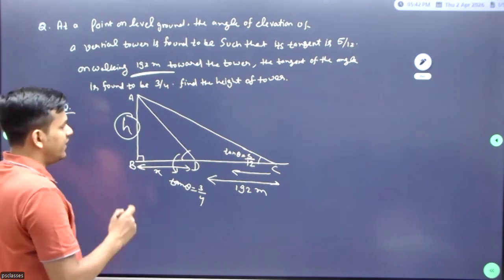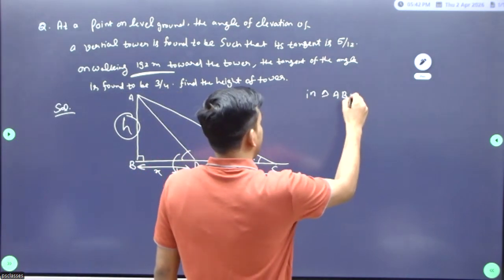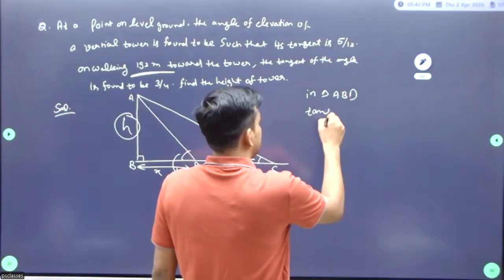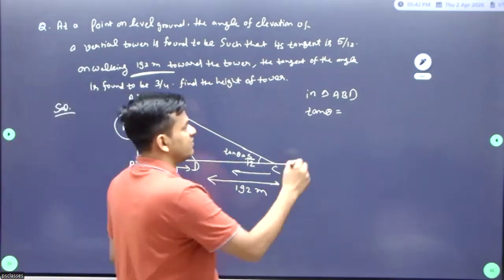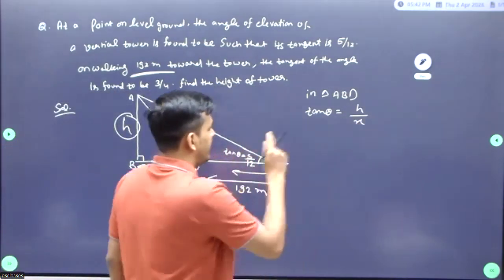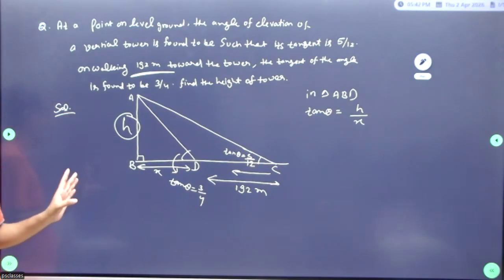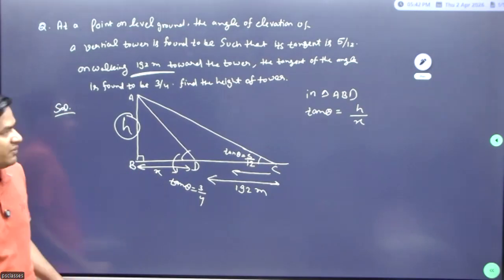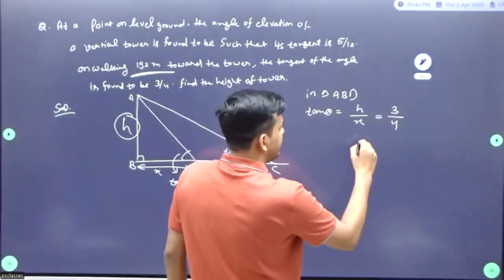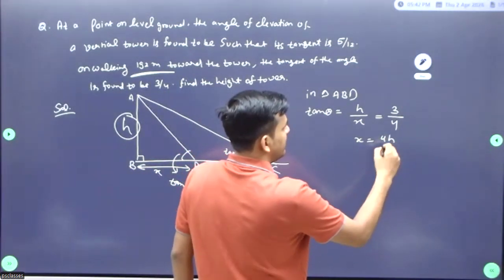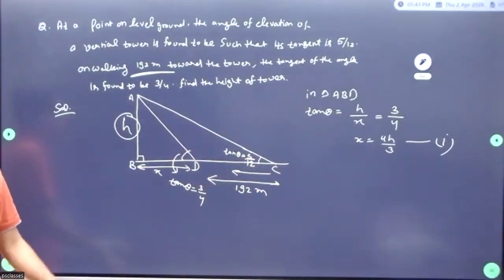This angle is 90 degree. In triangle ABD, apply tan theta. Tan theta is perpendicular by base. So h upon x equal to tan theta, which is 3/4. So x equal to 4h by 3. This is the first equation we are getting from triangle ABD.